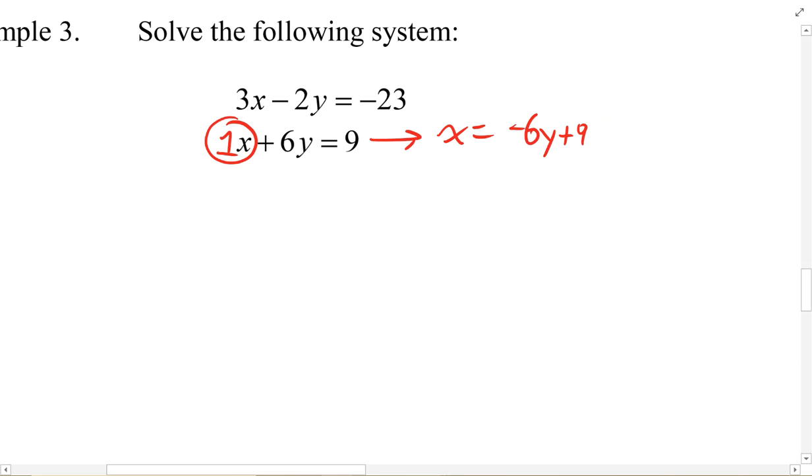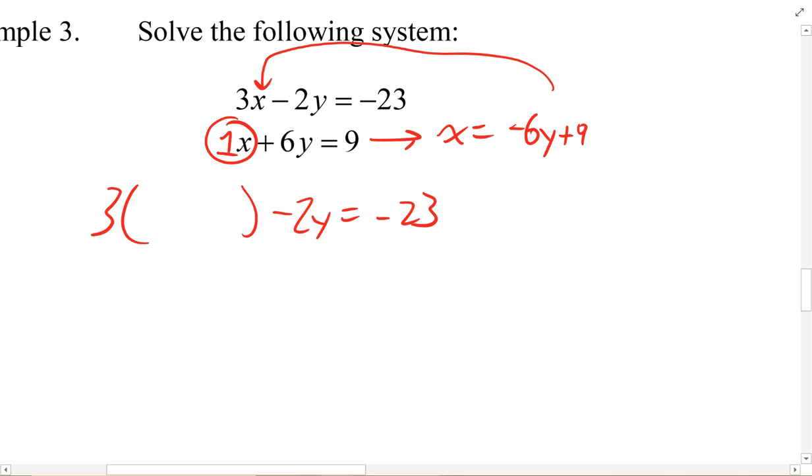Okay. So now what you're going to do is take this and substitute it into the other equation. So you're going to get 3 bracket minus 2y equals negative 23. And in here, you're going to get negative 6y plus 9.